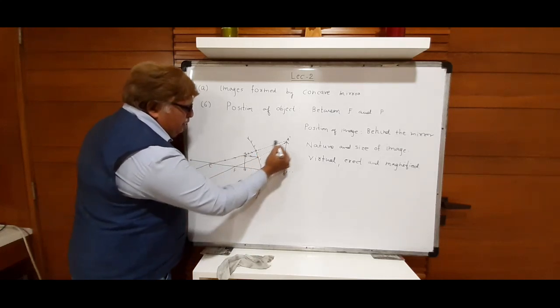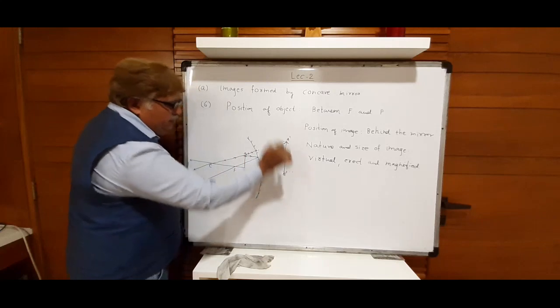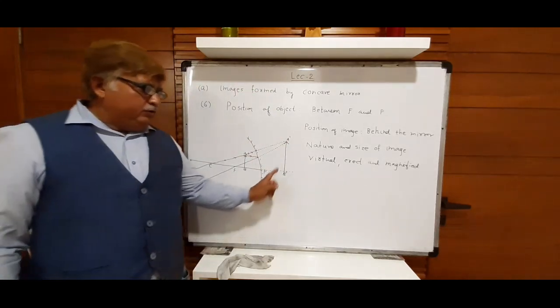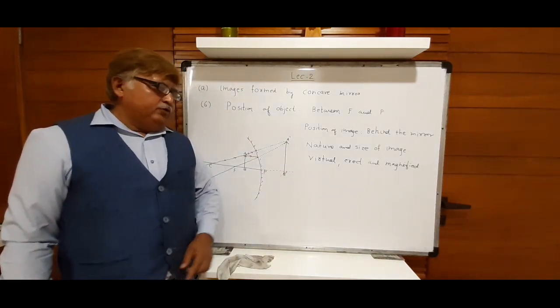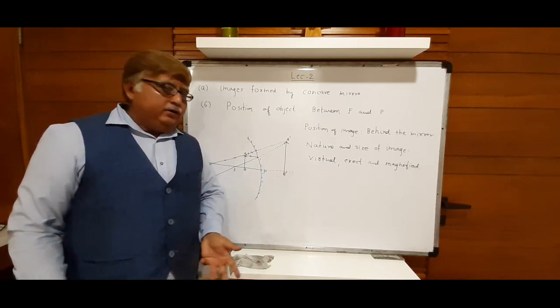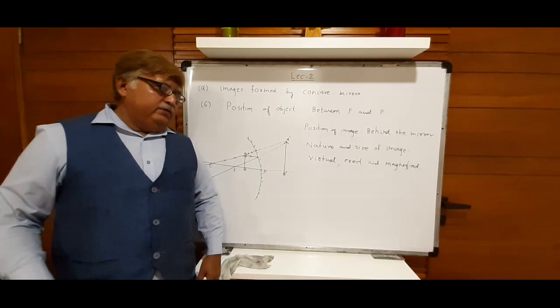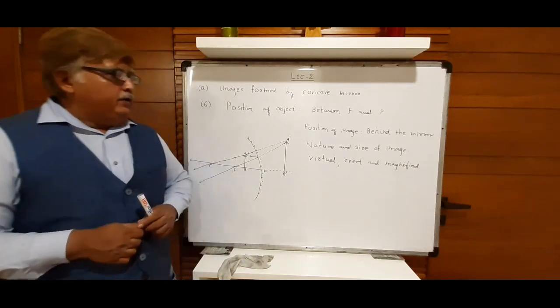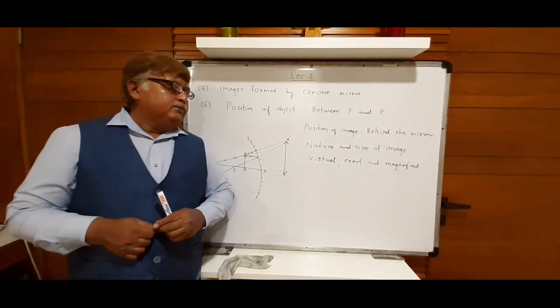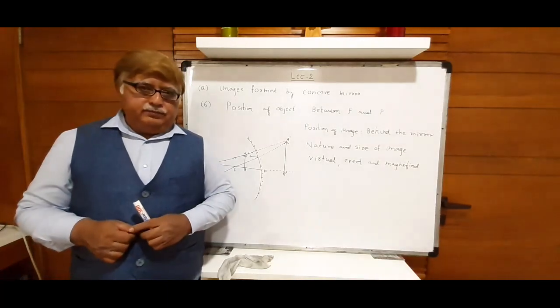I extended both rays behind the mirror and I was able to draw the diagram. So the image is virtual, erect and magnified. These are the 6 types of images formed by a concave mirror that we studied.